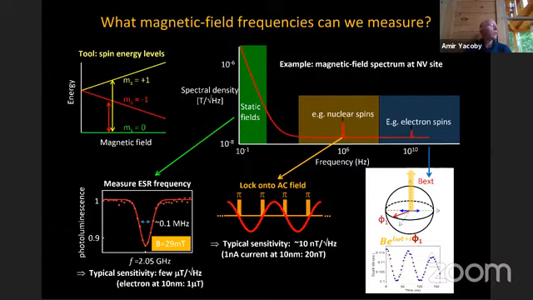In fact, there are even pulse techniques that people have been using to measure nuclear spins with NV centers where you can get frequency selectivity of microhertz. So really fantastic. And you can ask how this is possible. I don't have time to talk about it, but there are really beautiful developments in this. Also, between the few gigahertz to few megahertz regime, there are different techniques being used, such as T1 rho techniques.